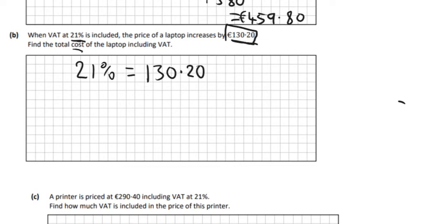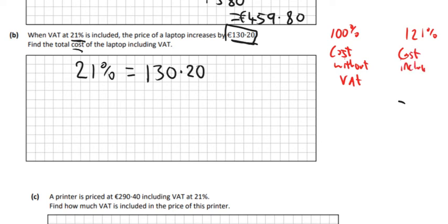100% would be the cost without VAT, and then you're going to add on the VAT at the end. 121% is the cost including VAT, so that's with the VAT added on.